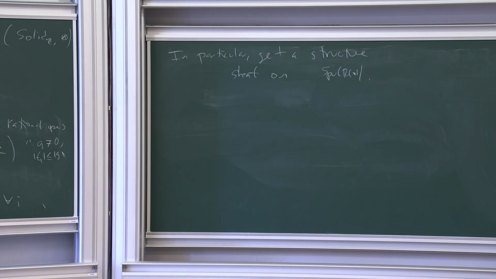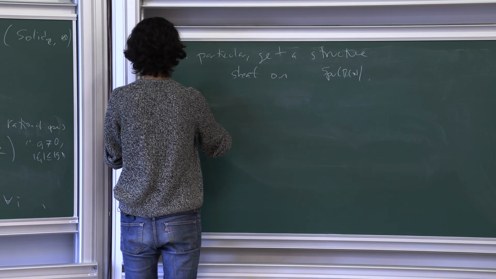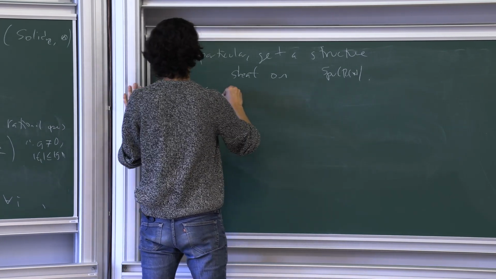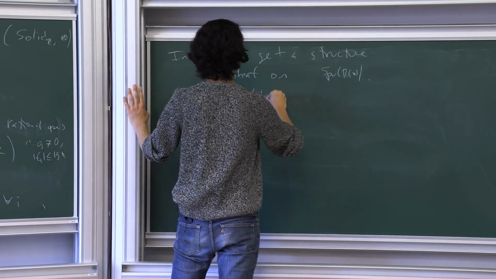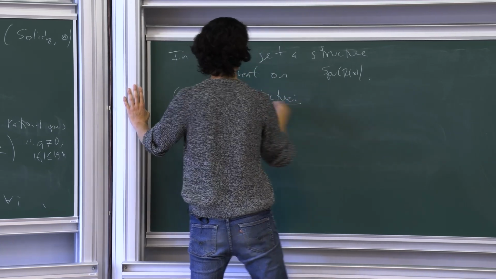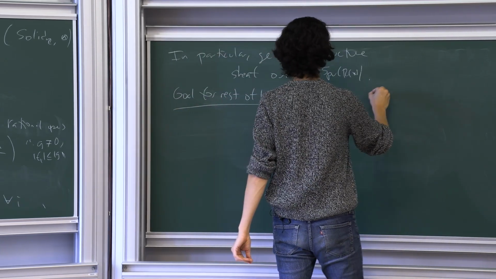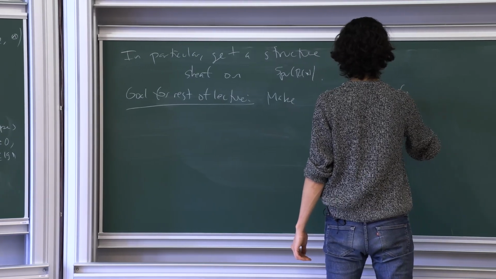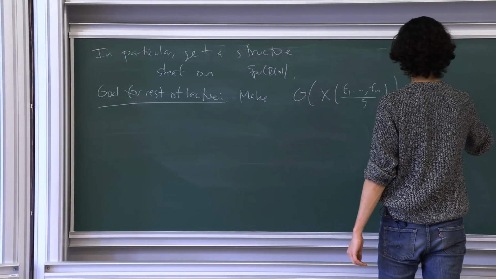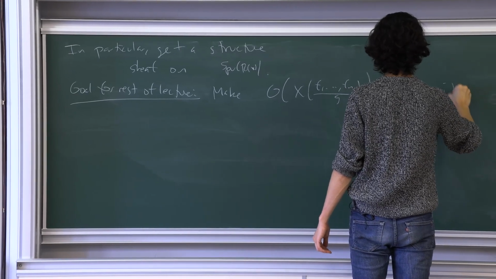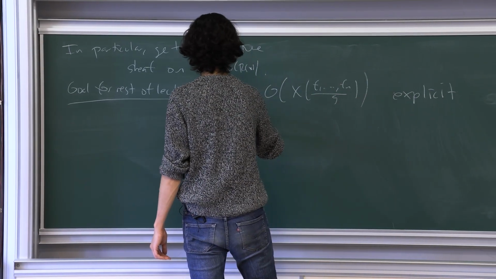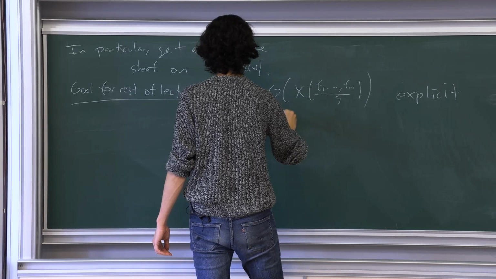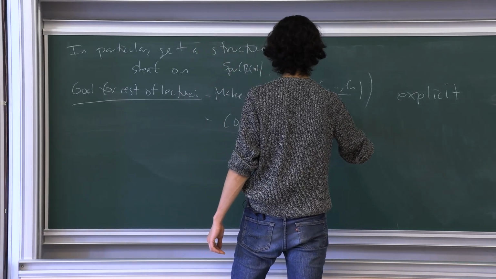And what I want to do in the next bit, the goal for the rest of the lecture, is make this structure sheaf explicit and compare, well, maybe probably start to compare it to Huber's theory.